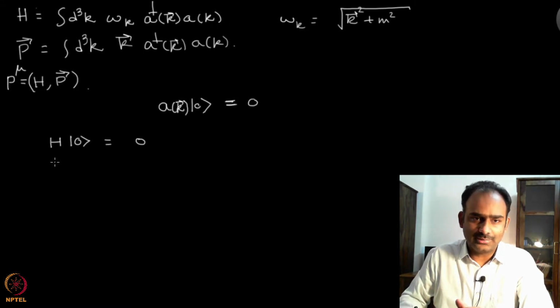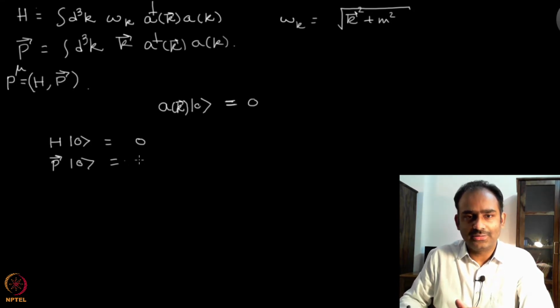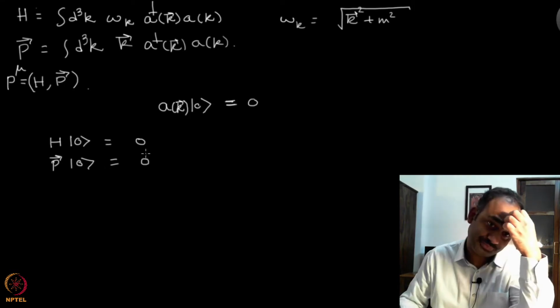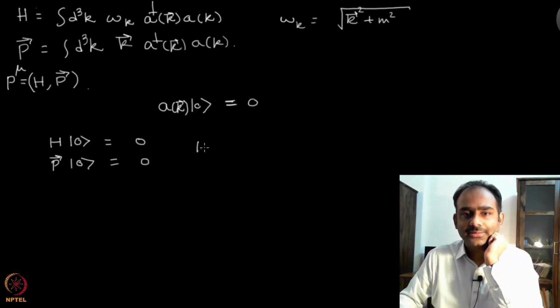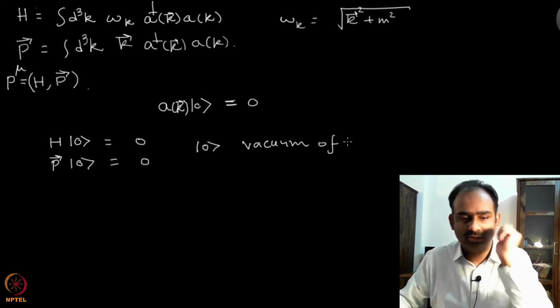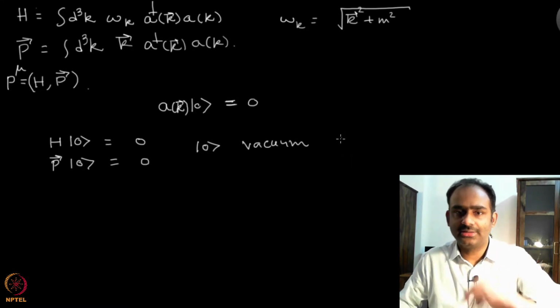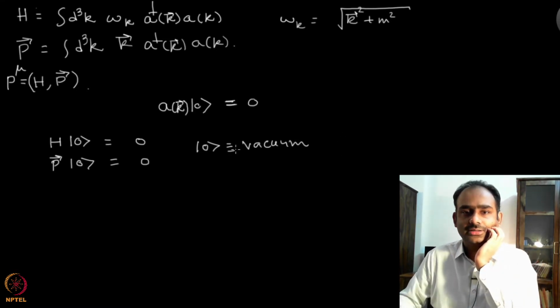And also if you take the momentum operator and act on this state, you get again 0. Okay. And this ket 0 is what is called the vacuum of this theory. Okay. Maybe I will save some space here. Okay. This is called the vacuum of free theory, because we are looking at free theory.